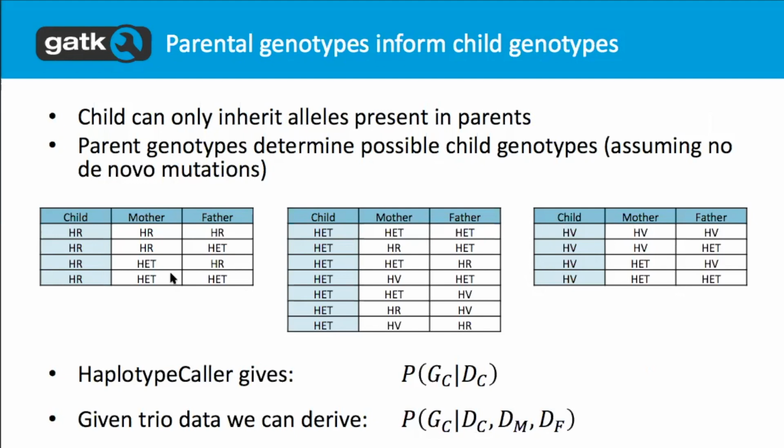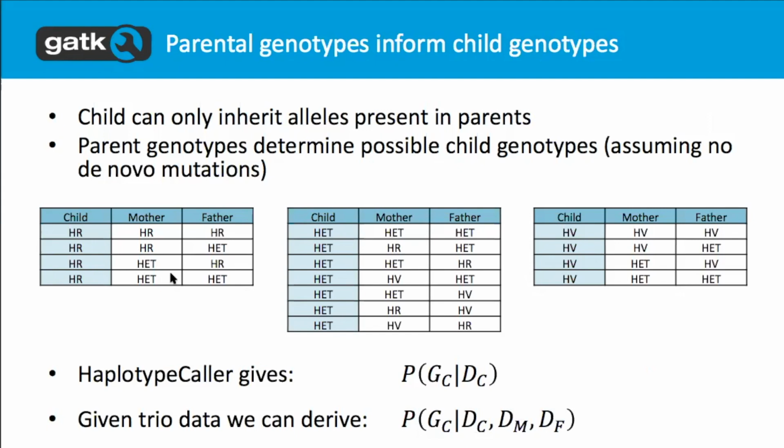We use the fundamental assumptions that we get from Mendelian genetics about inheritance to evaluate our genotype assignments when we have the family pedigree. These are contingency tables that just map out all the possible combinations of genotypes that you might have when you have a trio, so a child with a mother and a father.